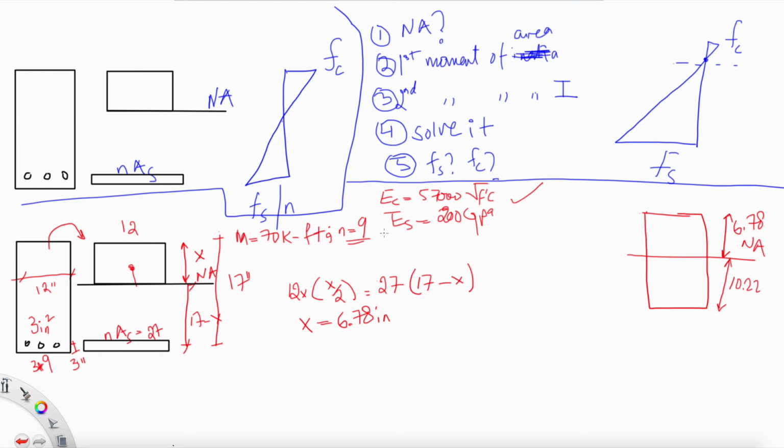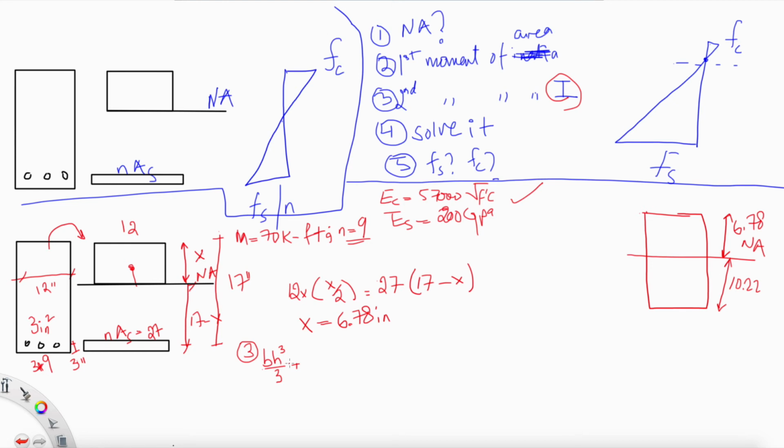Fine. So what's the third step? It is to compute I. I is the second moment of area, or moment of inertia, around the neutral axis. For a rectangle about its base, not its centroid, the moment of inertia is bh cubed over 3, not over 12.